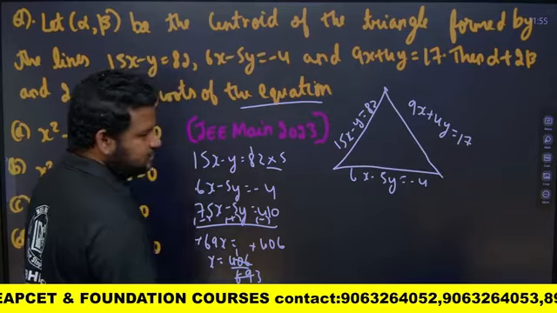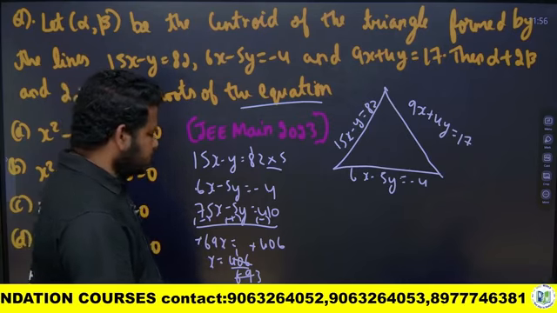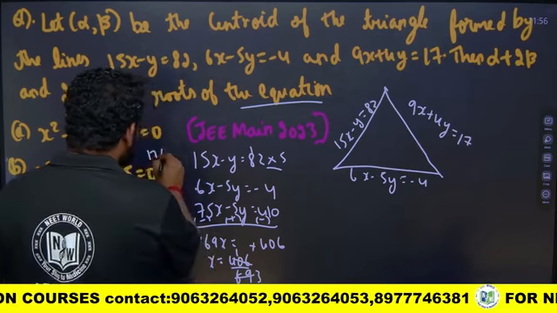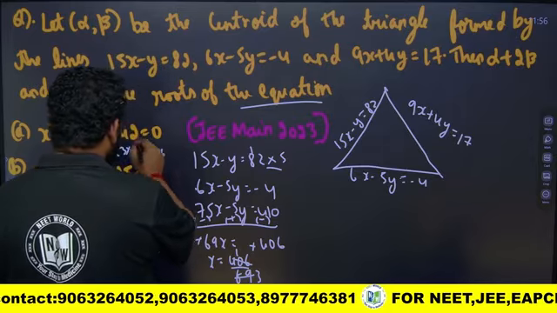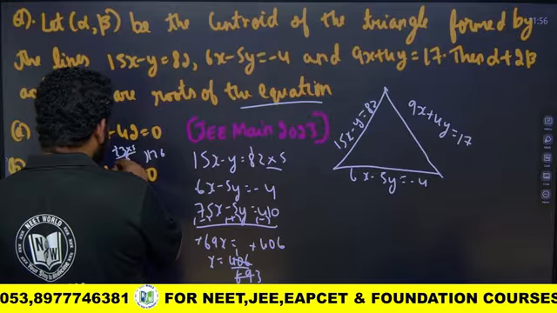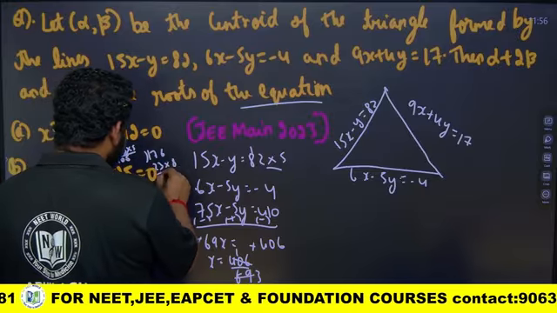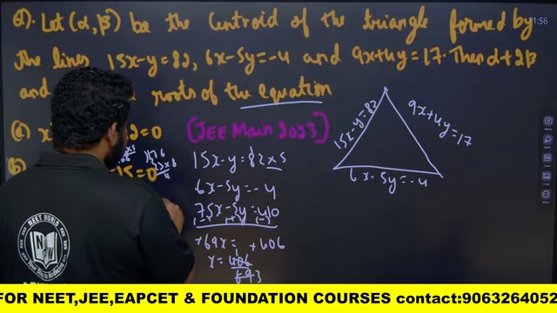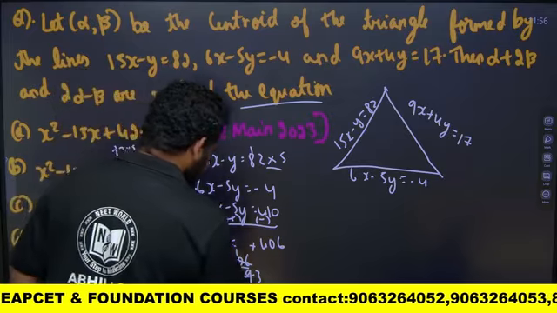If I have to get 6 in 23, how will I get? 176, 23 into how much is 176? 23 into 8 won't happen. 8 3s are 24. 23 into 9 won't happen. 23 into 6, 23 into 5. 23 into 5 is 115. It won't happen. 23 into 8, 8 3s are 24, 8 2s are 16, 184. It won't happen.